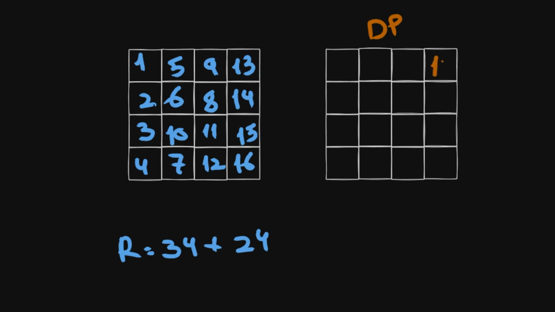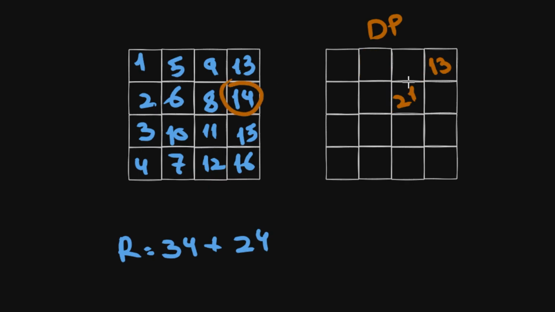So this is 13 initially. And now we are iterating every other element in our triangle. So we start with 8, meaning we are here. And the maximum among these 3 elements, remember this is 0 and this is 0, the maximum is 13. So 13 plus 8 is 21.